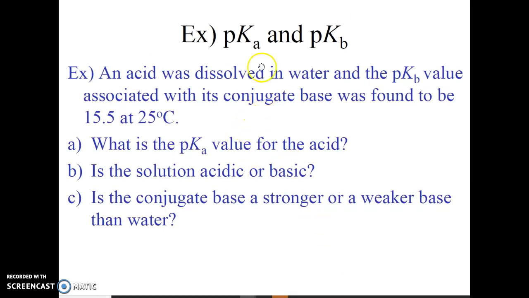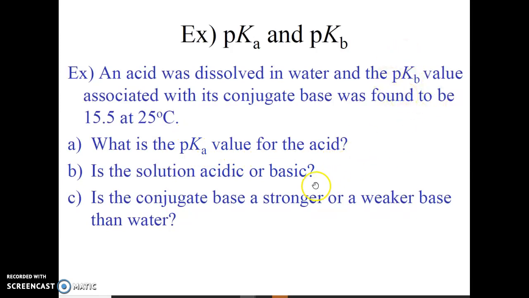The last example here then is looking at our pKa and pKb values, and it says an acid was dissolved in water and the pKb value associated with its conjugate base was found to be 15.5 at 25 degrees Celsius. What is the pKa value for this acid?